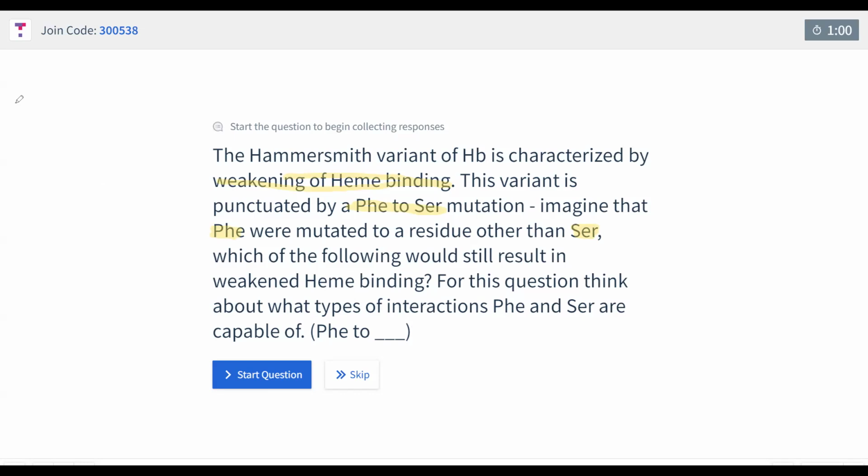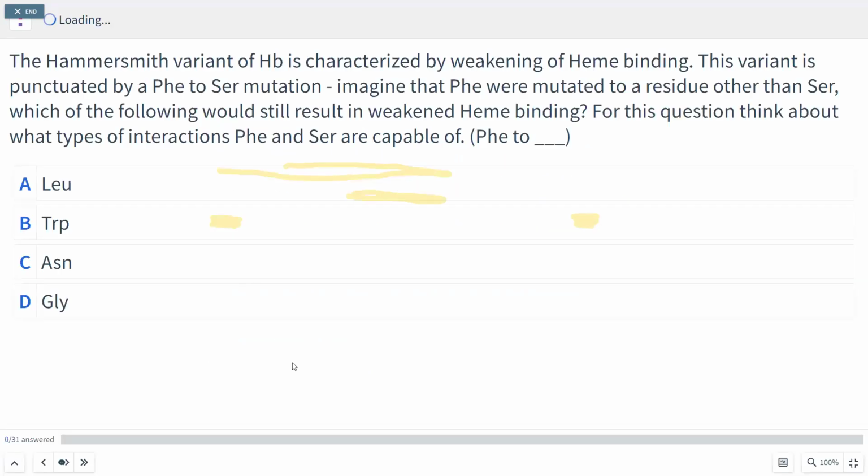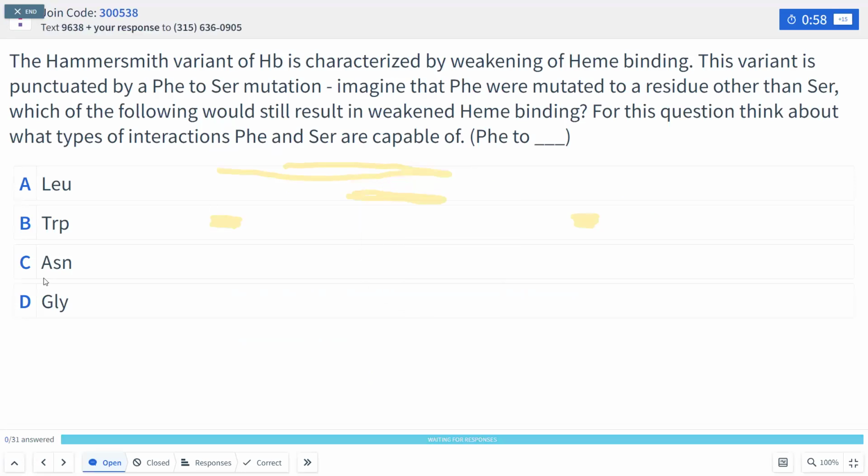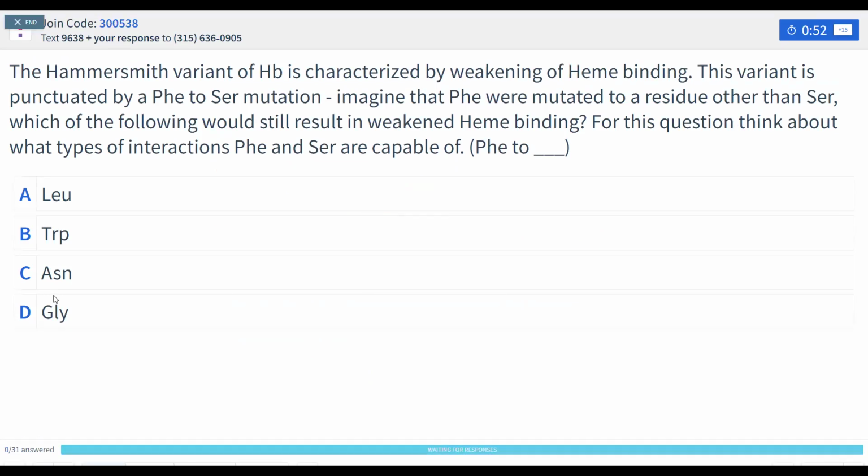So basically, this question is asking which is going to cause the same impact as that phenylalanine to serine mutation. So let's take a look at that question and try to think of which amino acid listed here is going to give us almost the same result as serine.